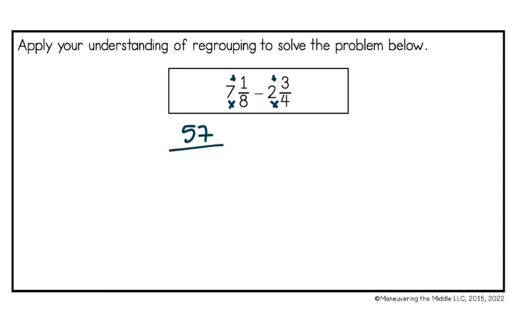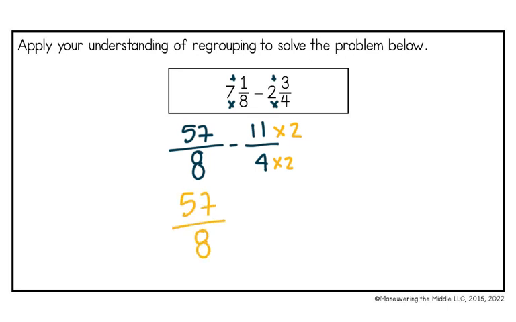Our denominator stays the same, so that would be 8. 4 times 2 is 8, plus 3 is 11, and the denominator stays the same.